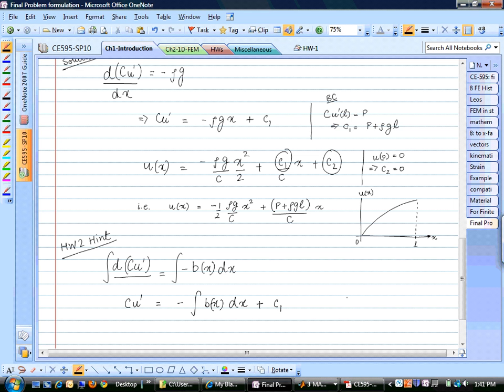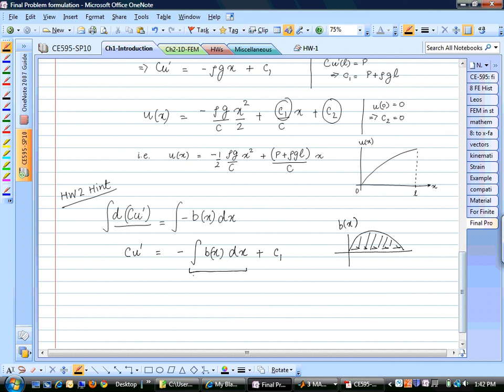So what we are essentially saying is that if there is a bar and it has this body force b(x), then the area under the curve is this integral right here. What we are trying to find by doing this integral is the function whose derivative would be equal to cu'.